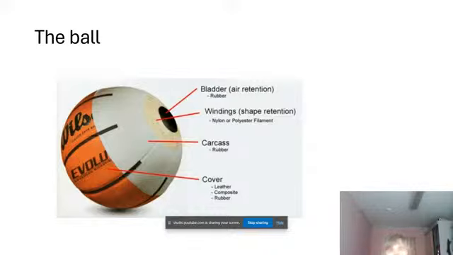In order for them to keep that shape, nylon or polyester filaments are used as windings, meaning that a filament is wound around the bladder constantly until it retains the desired shape.